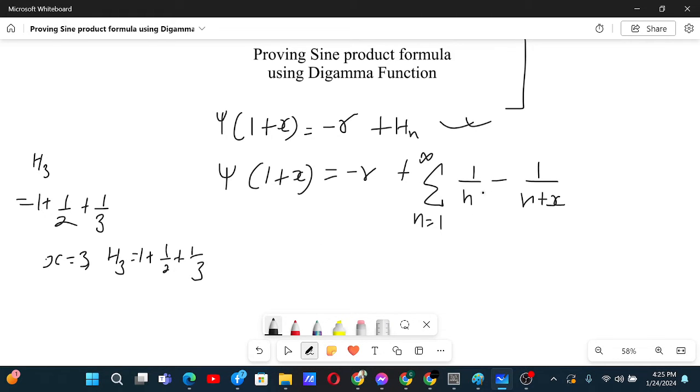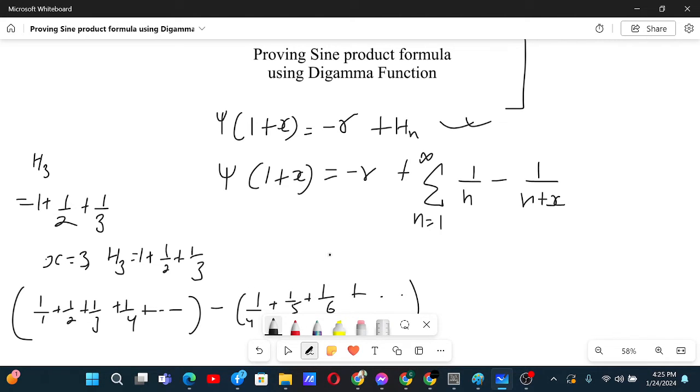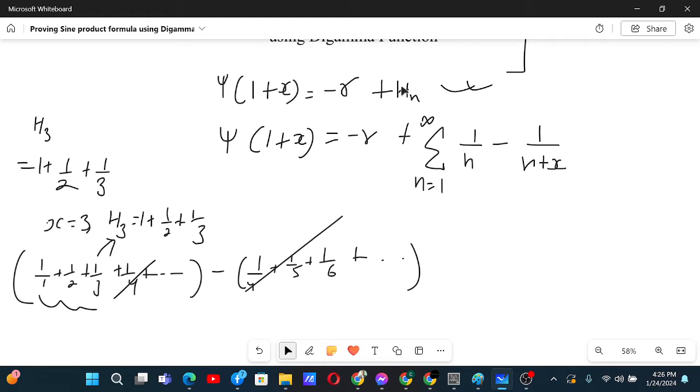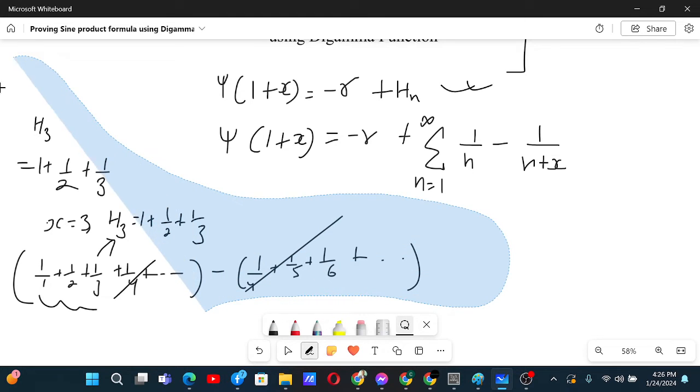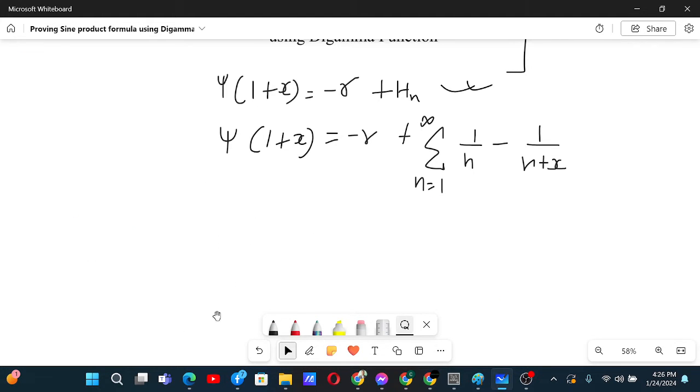This sum gives us 1 by n, which is 1 by 1 plus 1 by 2 plus 1 by 3 plus 1 by 4 and so on, and minus 1 by n plus x, with n going from 1, will give us 1 by 4 plus 1 by 5 plus 1 by 6 and so on. So all the other terms will cancel out and we will just have these three, which is what h of x means. So this is how this formula works to give h of n. Okay, so this was just some basic insights.